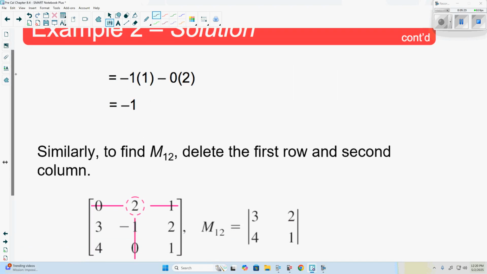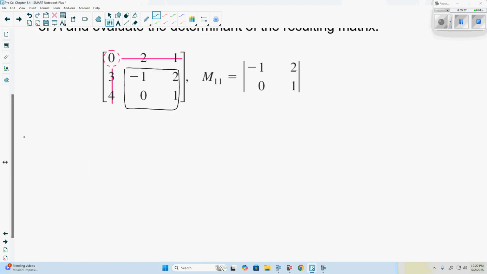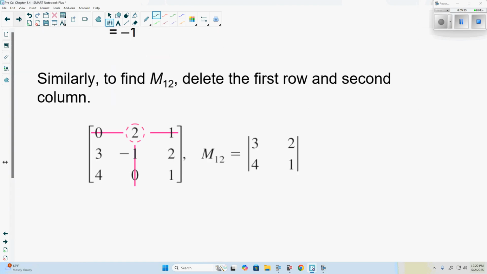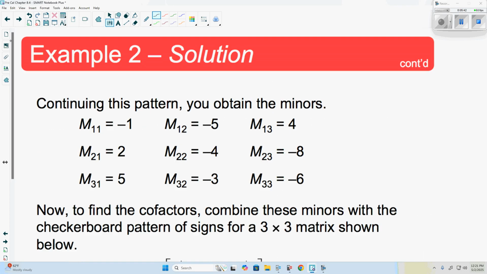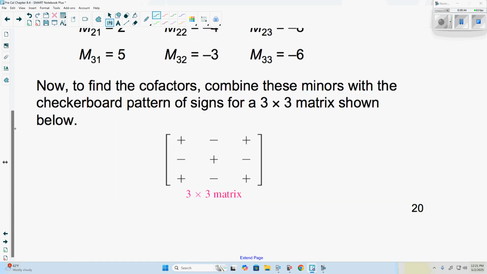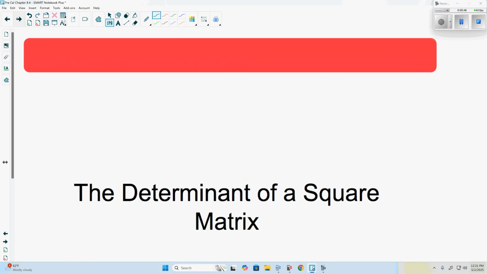And we take that matrix here. So what they're doing is this cross, -1 times 1, minus 2 times 0, giving us -1. So our M11 would be this here. We do it again with M12, and we get all of these here. And we can go about finding the cofactors.